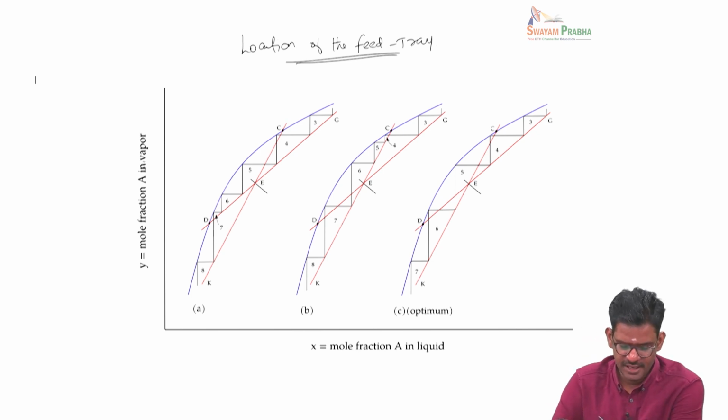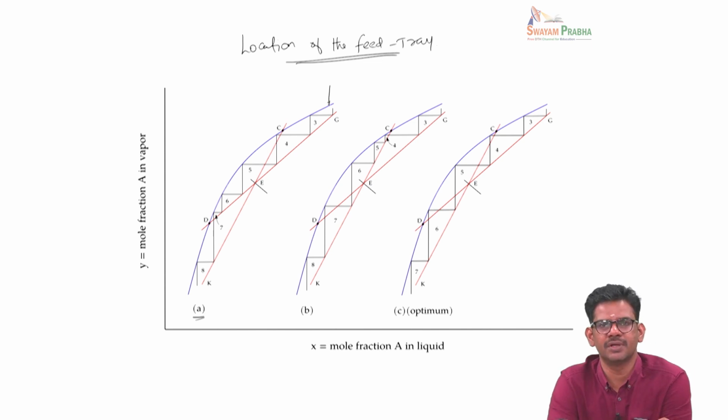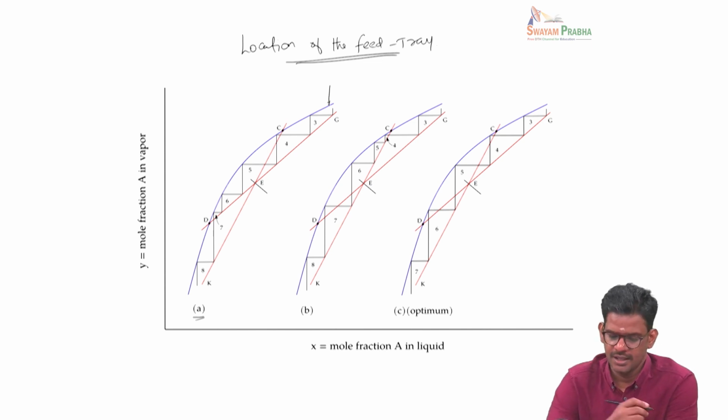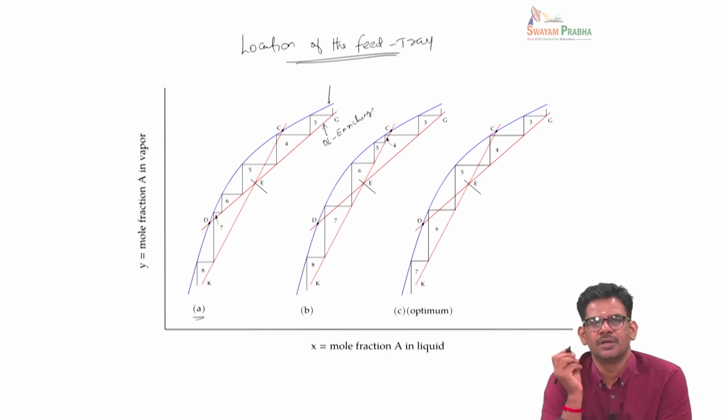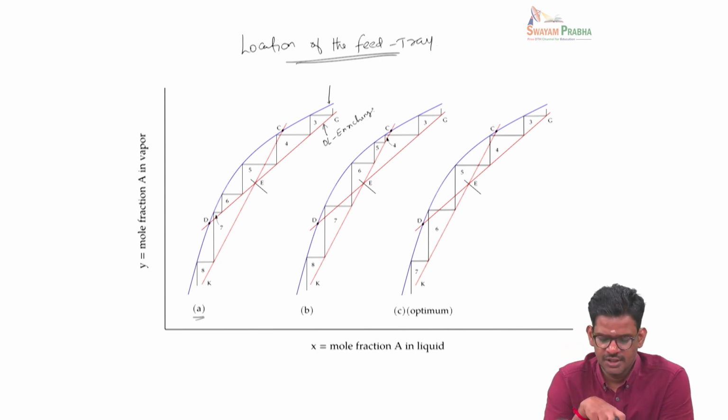In figure A, the blue line corresponds to the equilibrium line, and this red line corresponds to the operating line of the enriching section. This enriching operating line is fixed the moment we fix the distillate composition xD and the reflux ratio.